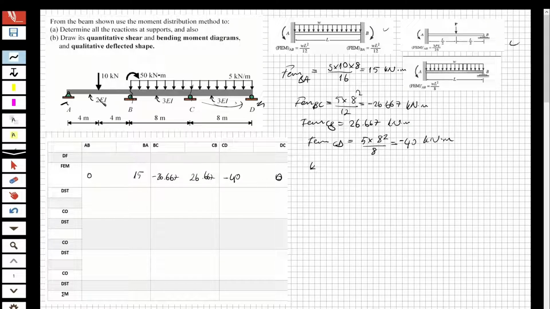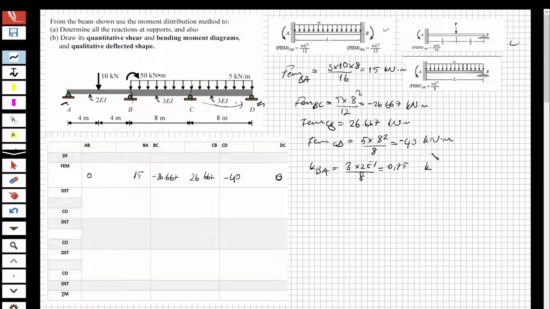Stiffness factor for BA. We are going to use the modified formula. So 3 multiplied by 2EI, over 8. So this is 0.75.